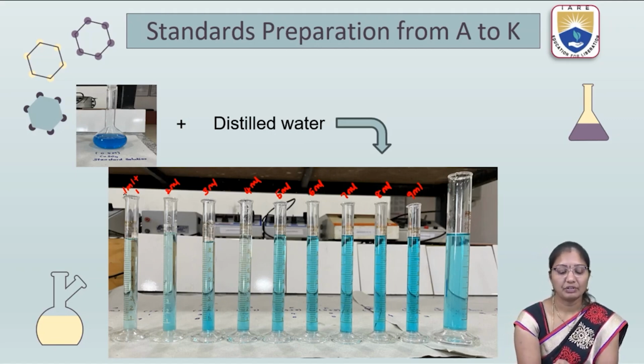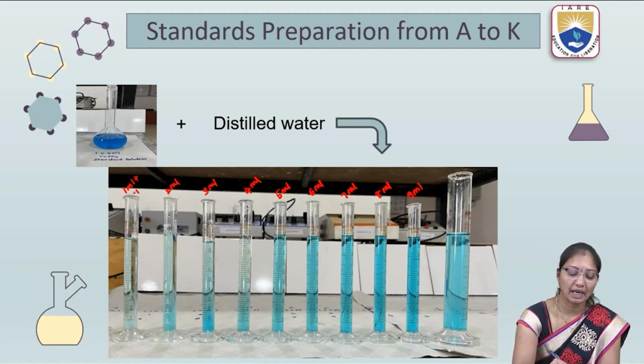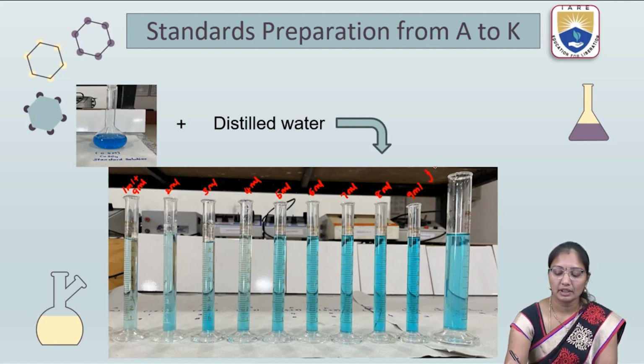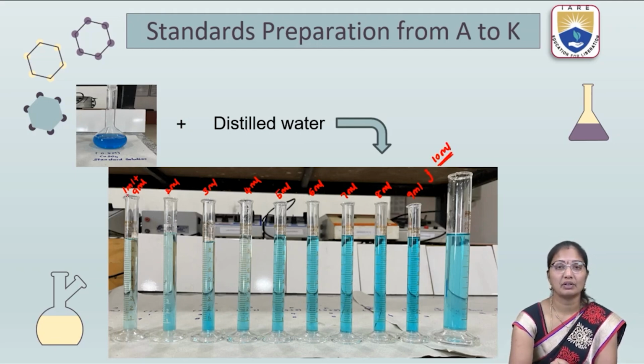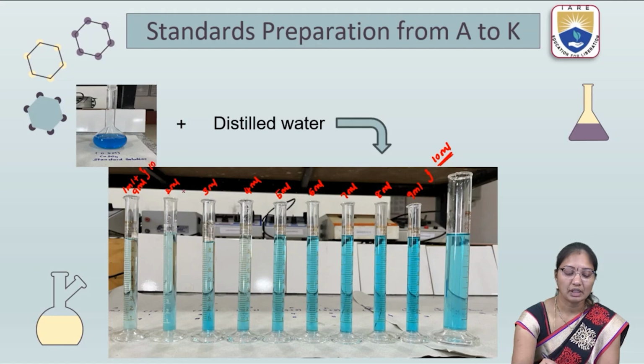If we take 1 ml, we add the remaining, so that every solution is prepared up to 10 ml. So 1 ml of copper sulfate has to be mixed with 9 ml, so the total volume is 10. If it is 2 ml, we have to add 8 ml.